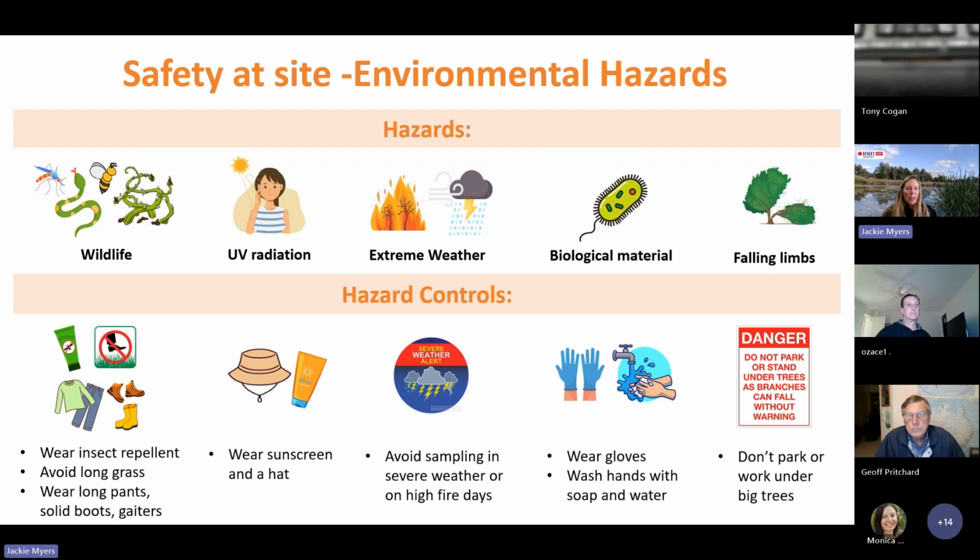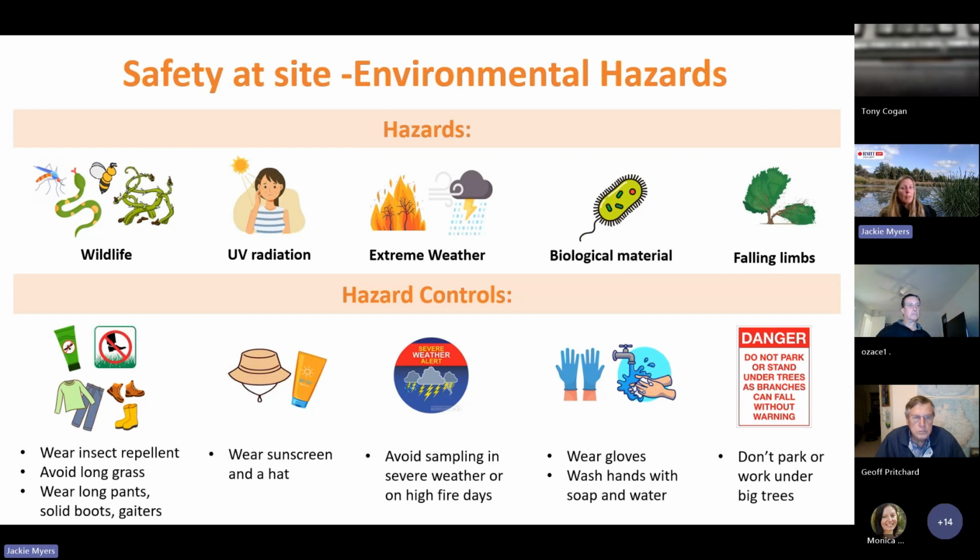And interactions with these could have very different consequences. To mitigate risks of encounters with these, one of the key things is about being aware of your surroundings. So when you're getting to the site, looking around, checking there's no presence, like you're not seeing snakes as you're walking through the site, making sure you're being a bit noisy to deter them.